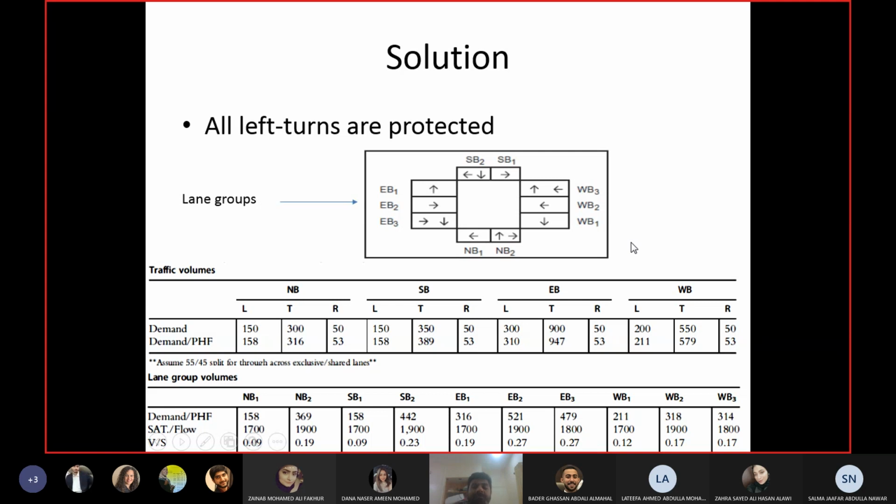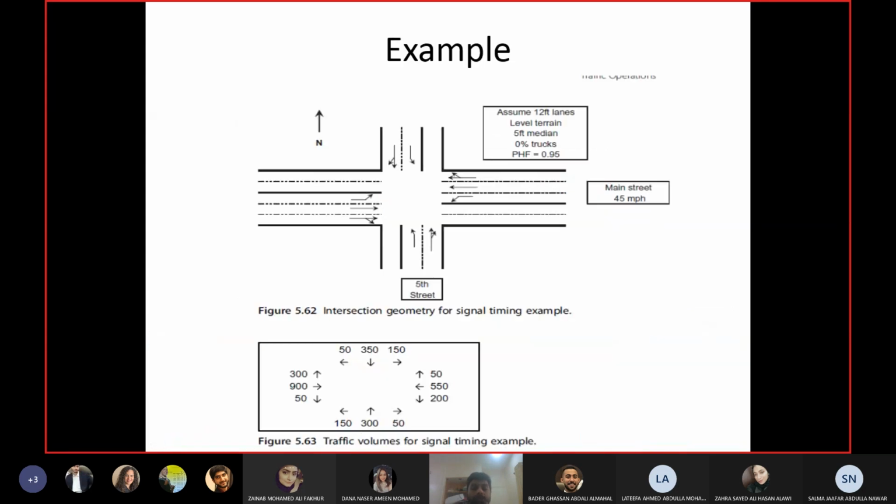Now we have discussed movement groups earlier as well, although it is not required, but just for the sake of practice, can you tell me how many movement groups can be on this side? So movement groups consist of the lanes in which there is at least one movement shared.